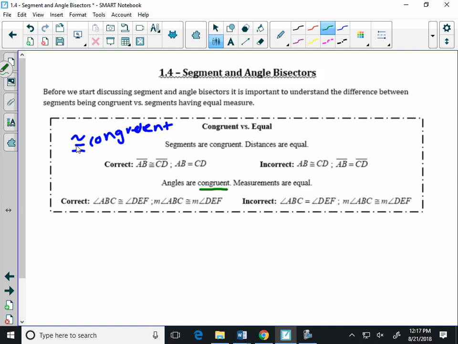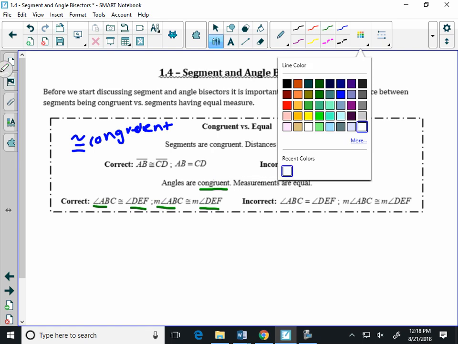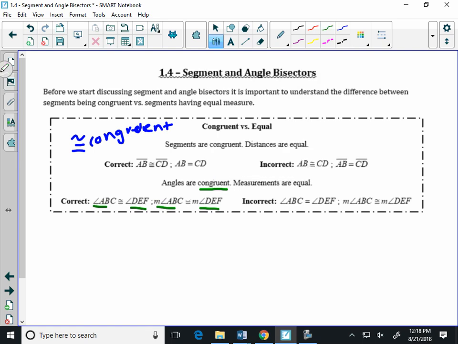When you're stating that angles are congruent, you just name the angle, use the congruent symbol, name the angle. Whenever you put a little m in front of an angle, it means measurement.